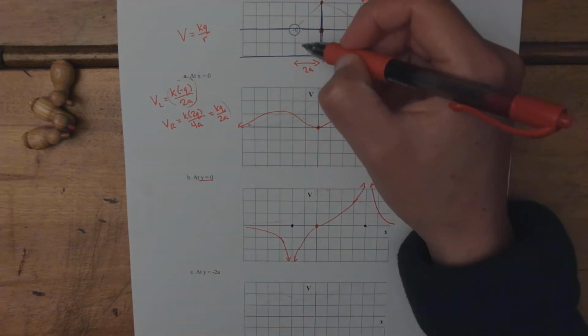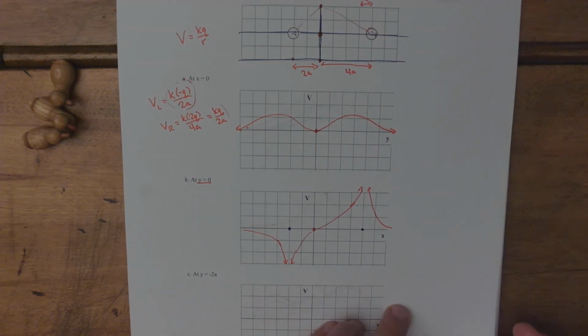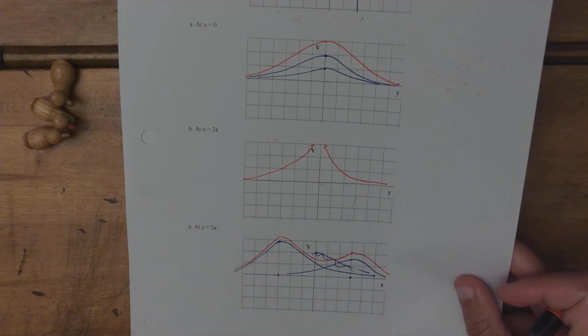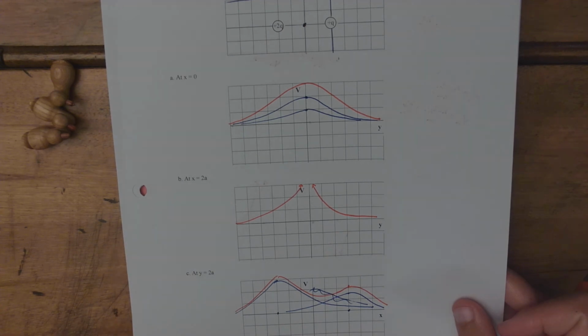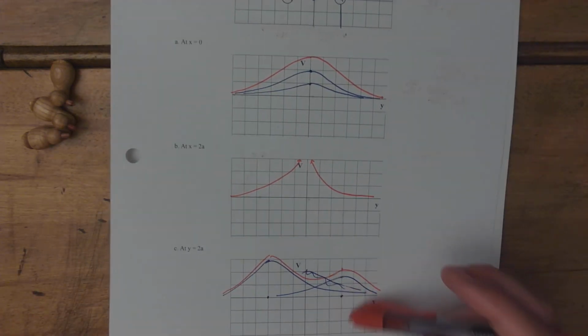I feel like this is something that we did in the last one, but with a positive 2a. So now we're down here instead of up here. We have a positive charge and a negative charge, so I'm going to get something negative on this side. That's going to look something like what I have there.